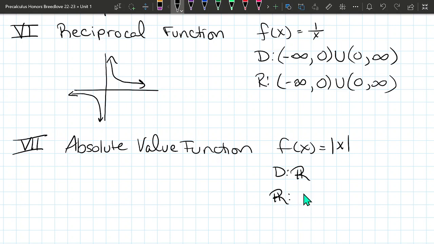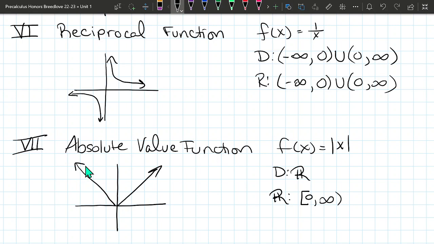But the result will be, at the very least, 0, and then positive from there. Because the absolute value of 0 is 0. Absolute value of negative 1 is 1, so everything will be positive. And the absolute value has a slope of 1 in each direction, positive and negative.